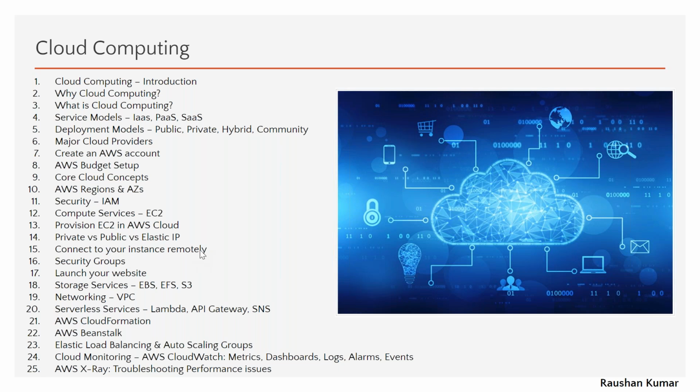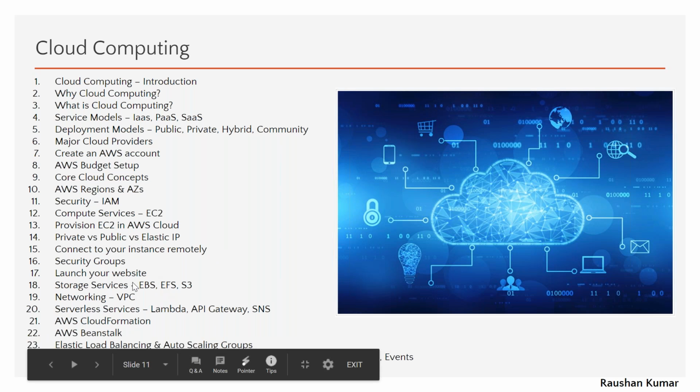And we're going to connect remotely. So everything will be hands-on. Okay, it's not just theory. Everything will be hands-on. We're going to cover storage services, called EBS, EFS, and S3. We're going to talk about VPC and serverless offerings. We have Lambda and API Gateway.